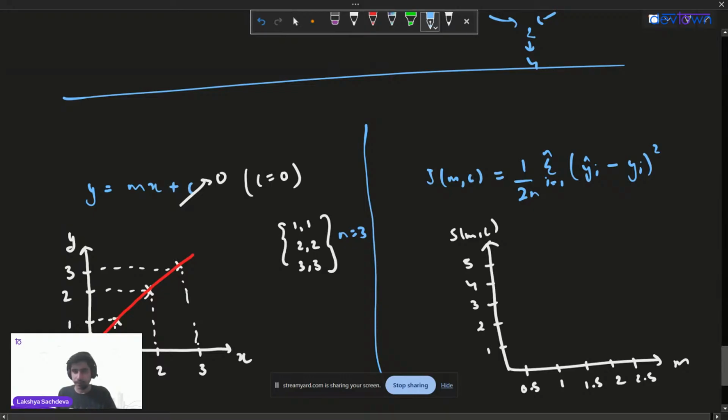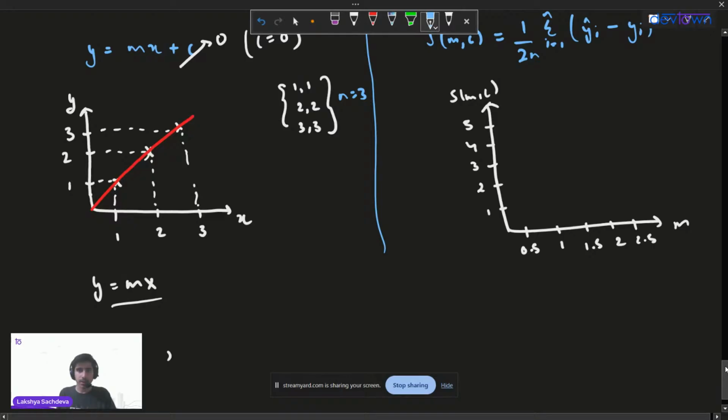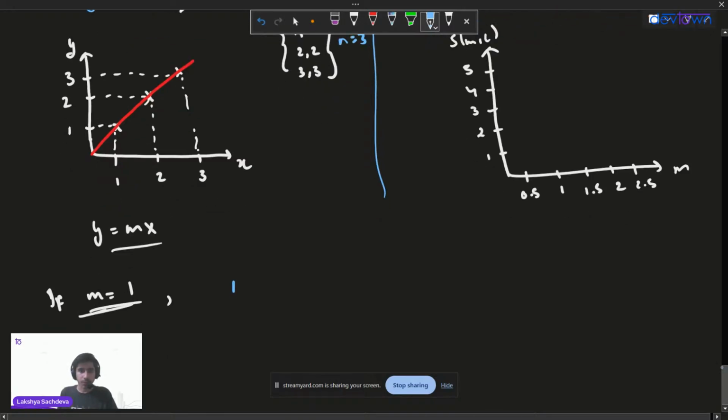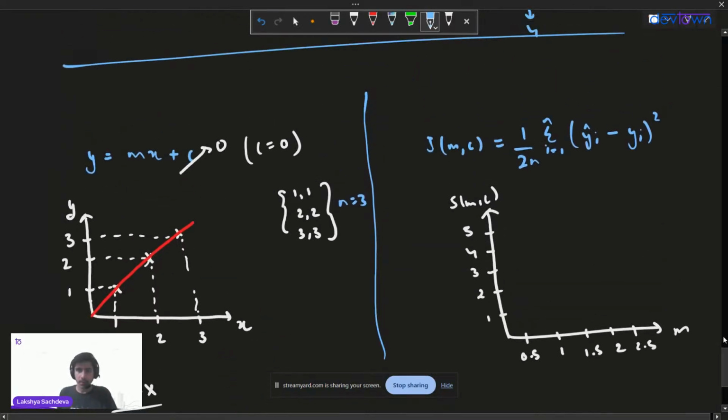What will the cost function be then? The cost function will be 1 by 2n, where n is equal to 3. So 1 by 2 into 3, summation of i equal to 1, 2, 3, of y hat minus yi.